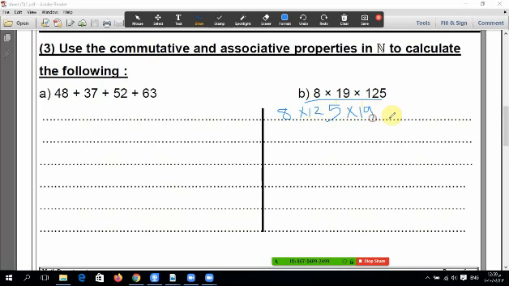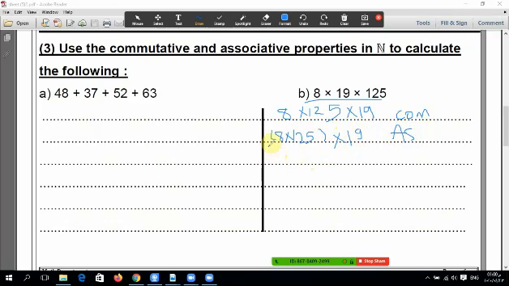And this is commutative. Then we put 8 multiply 125 between two brackets, then multiply 19. And this is associative.